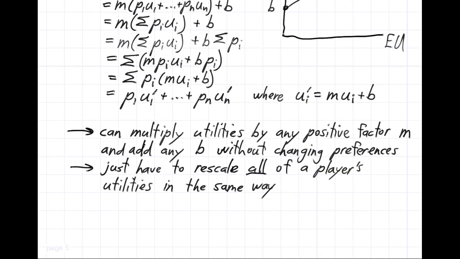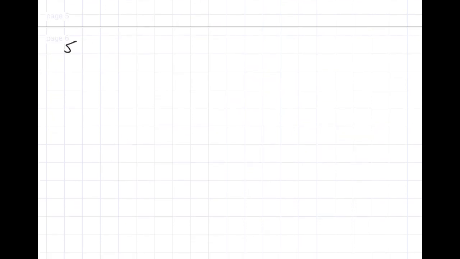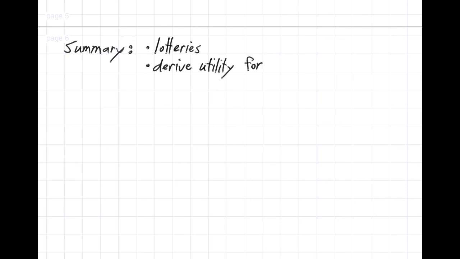So let me just summarize. What we did here is we derived expected utility theory. We did it by first coming up with a formal definition of what a lottery is. And from that, we were able to derive the concept of a numerical utility for certain, sure outcomes.